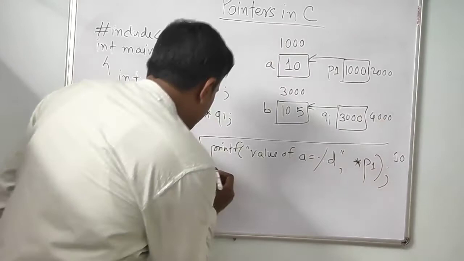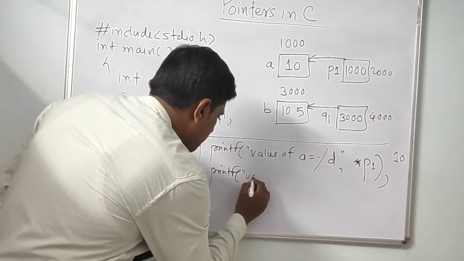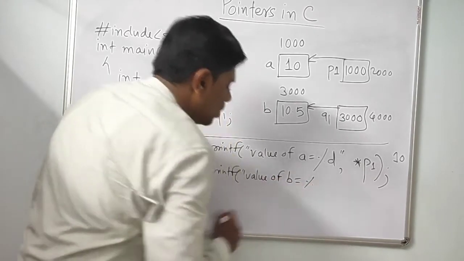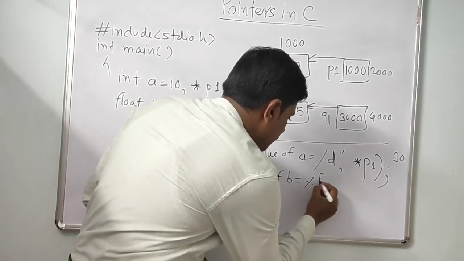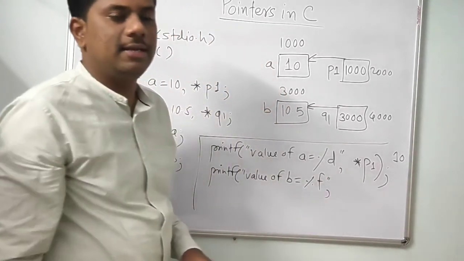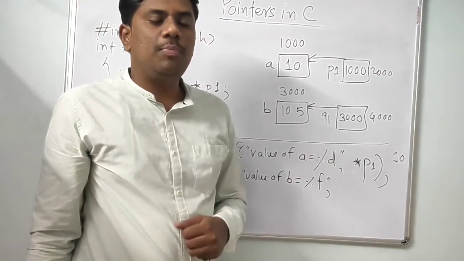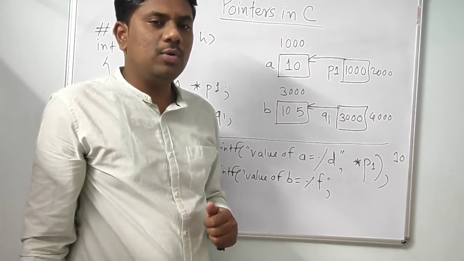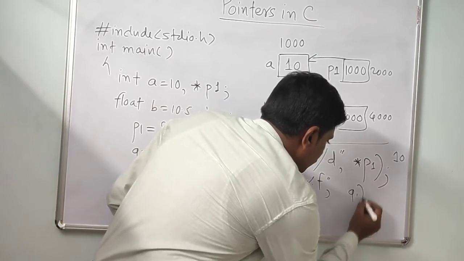In the same way, value of b equal to, now I'm going to print the float value. So %f. Again, I don't want to print directly the value of the b variable. I want to print the value of b, that is the float value, using pointer variable. So q1.